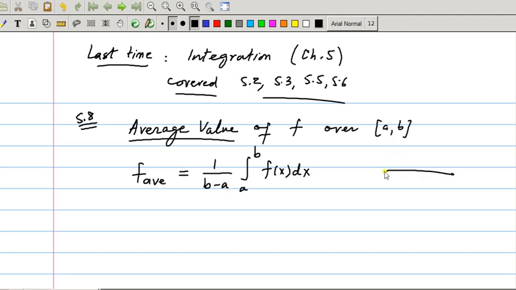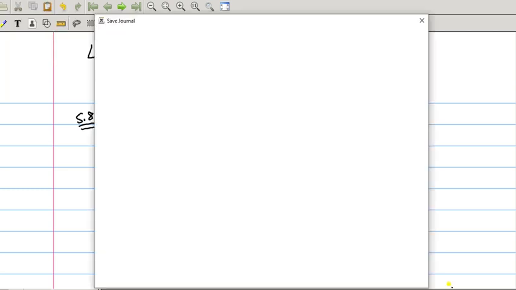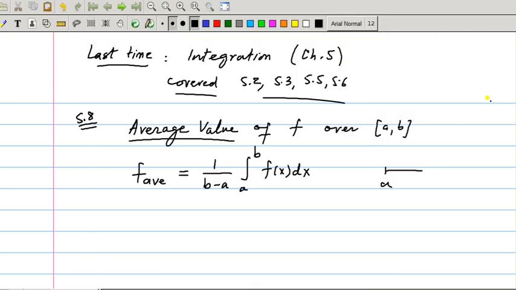So see, this is the interval a to b. So this length from here to here will be b minus a, right? You can subtract the smaller value from the bigger one to get the length of the interval. So we are dividing by the length, and this gives you the overall sum over the function values f(x).